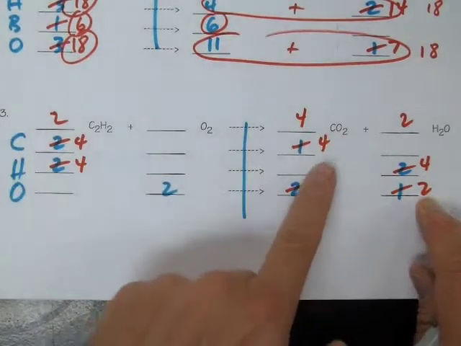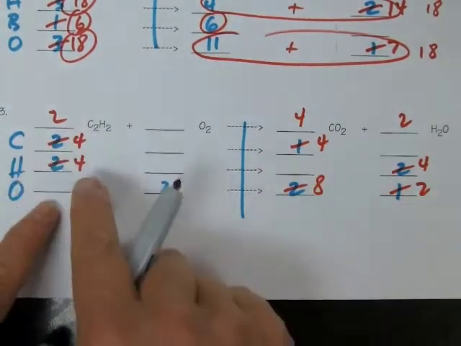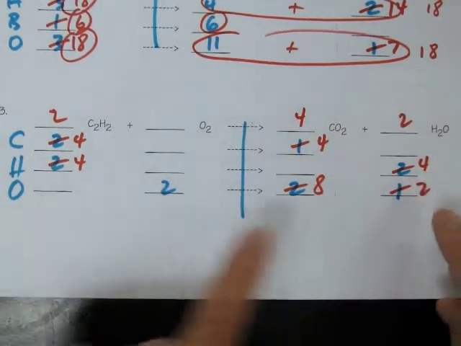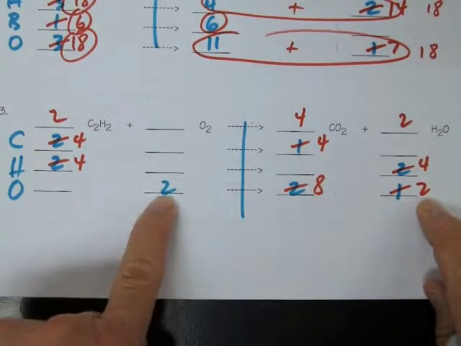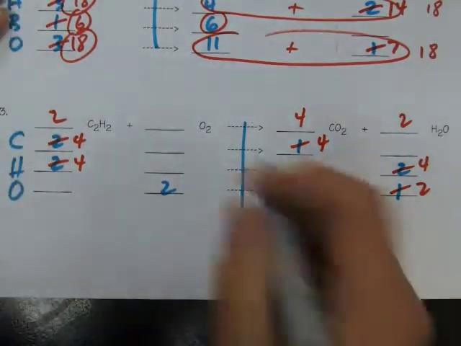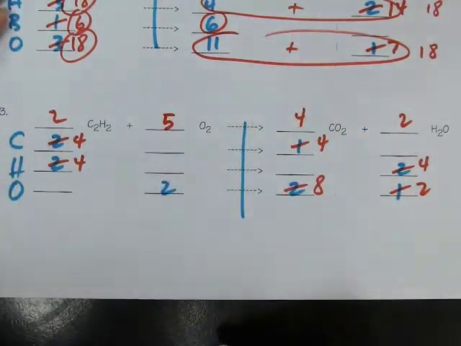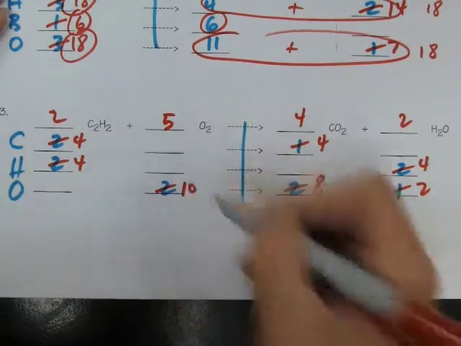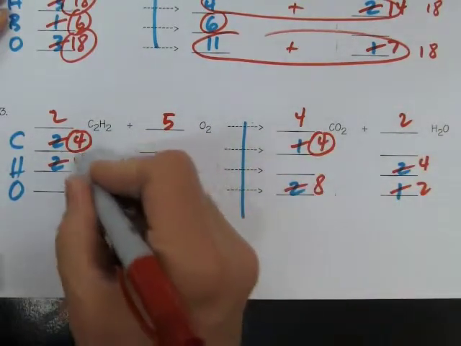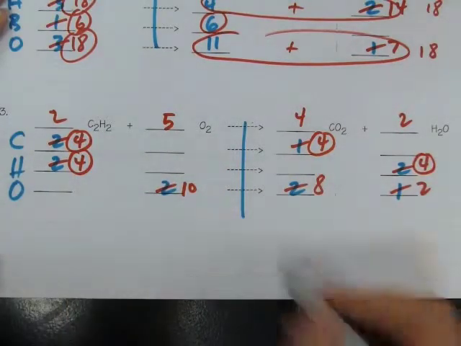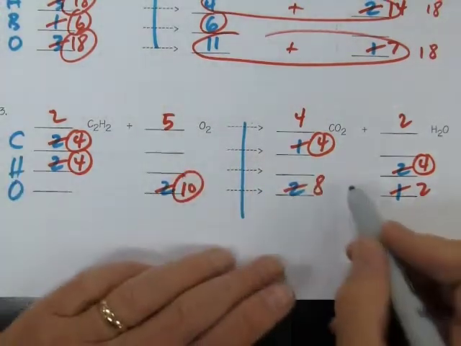Okay, now this 4 and that 4, they balance. This 4 and that 4, they balance. This is a total of 10, and it doesn't balance the 2. I could make that 2 into a 10 if I multiply this formula by 5, because 5 times 2 is 10. Alright, so now I've got 4 carbons on each side, 4 hydrogens on each side, 10 oxygens on each side.